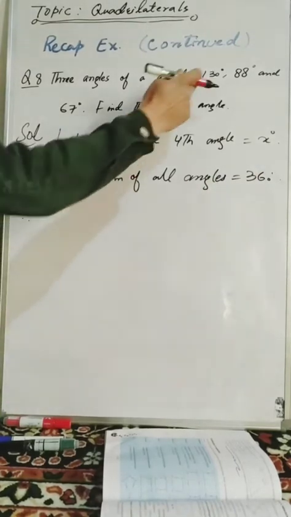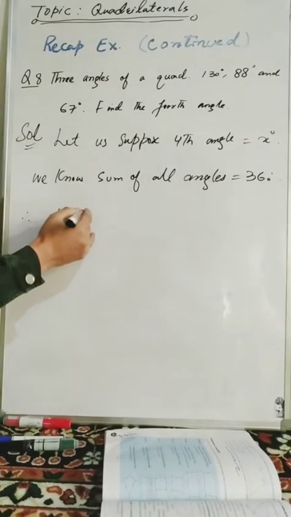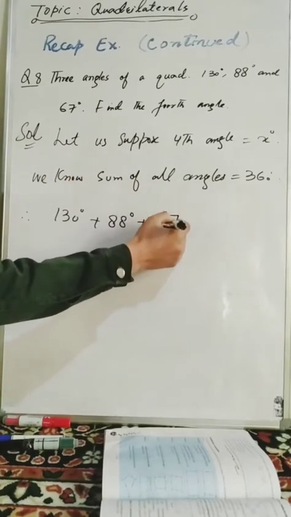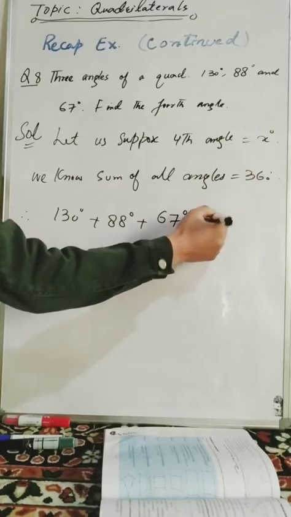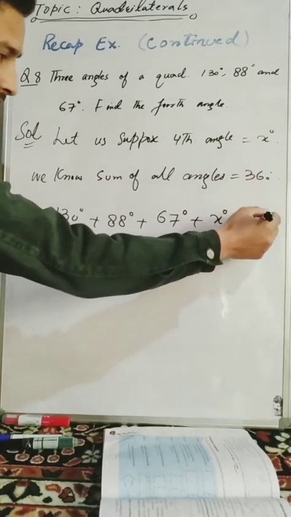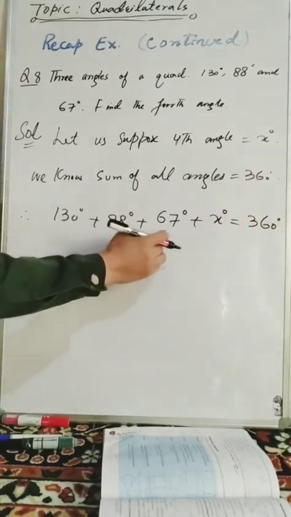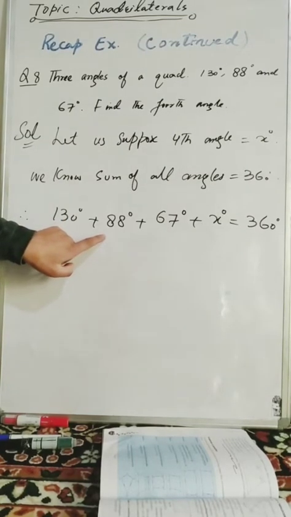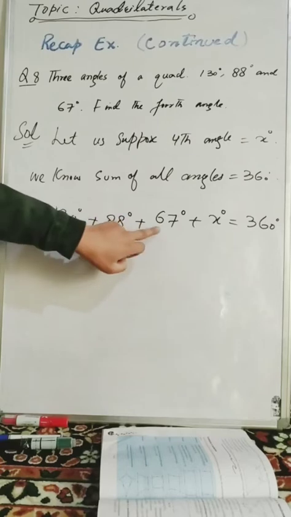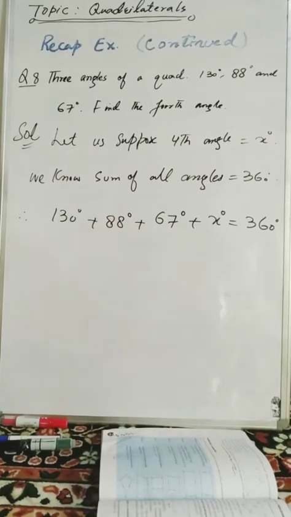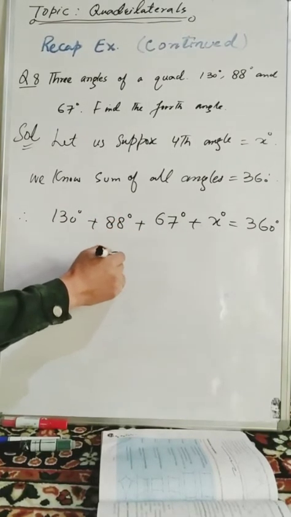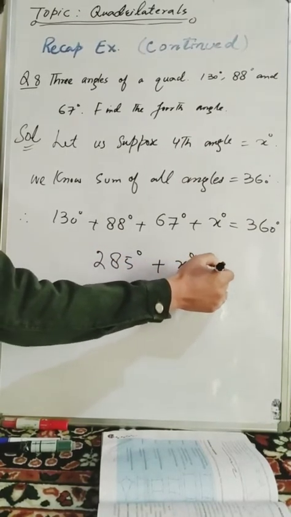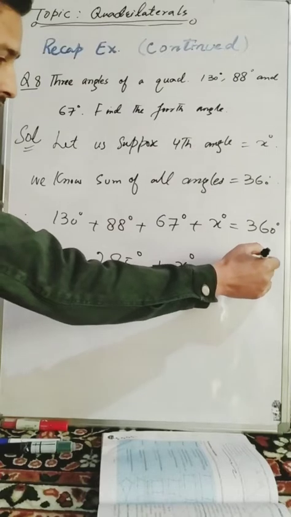Therefore, 130 degree plus 88 degree plus 67 degree plus this x degree equals 360 degree. Now summing these three, 130 degree plus 88 degree, that is 218 degree, and 218 plus 67 degree, that is 285 degree. And plus this variable part x equals 360 degree.